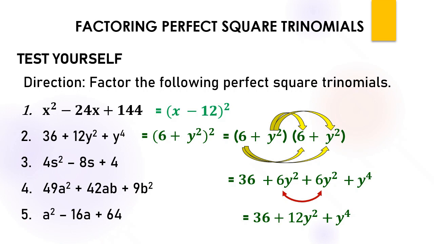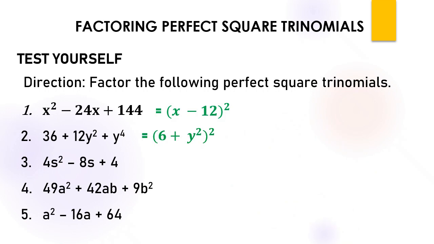So this is now our product, 36 plus 12y squared plus y raised to the fourth power. So we come up with the original expression. It means that our factor, the square of 6 plus y squared, is correct. Next.